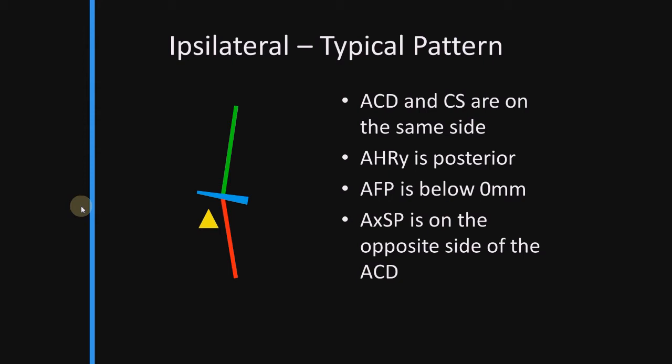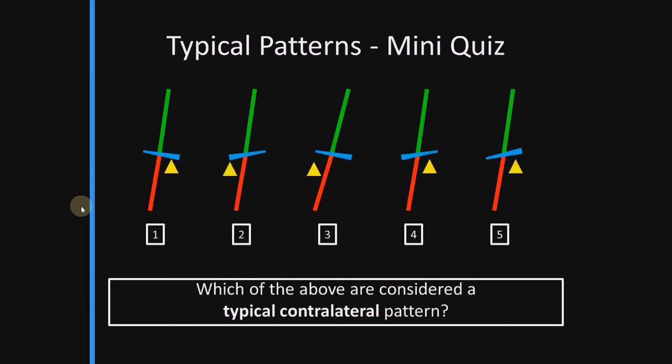And as C1 and C2 misalign rotationally together in a typical scenario, the atlas will misalign posterior on the side of the ACD, anterior on the side opposite the ACD. And the atlas frontal plane line is typically below neutral.